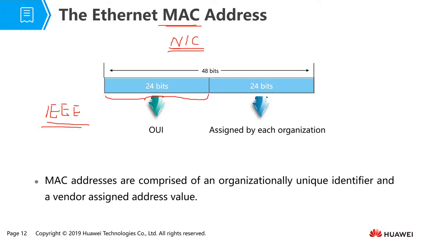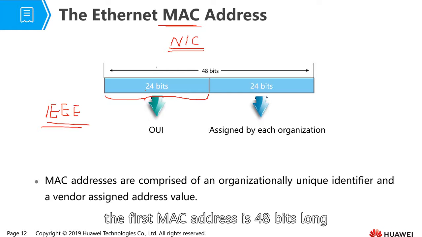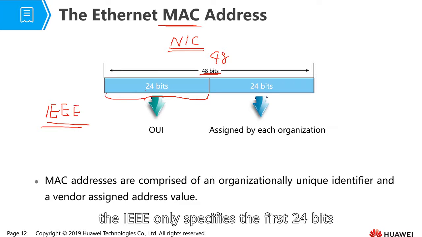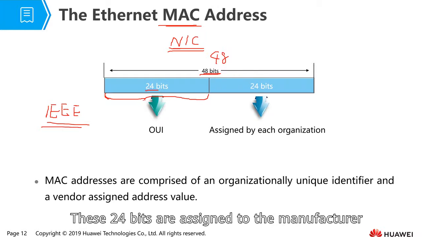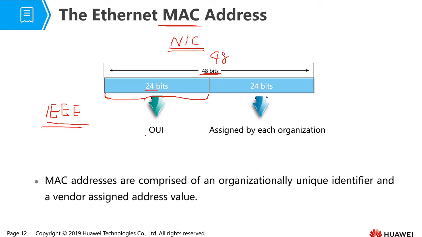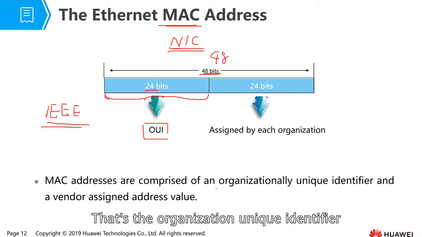The MAC address is 48 bits long. The IEEE only specifies the first 24 bits. These 24 bits are assigned to the manufacturer. This is called the OUI, the organizationally unique identifier.